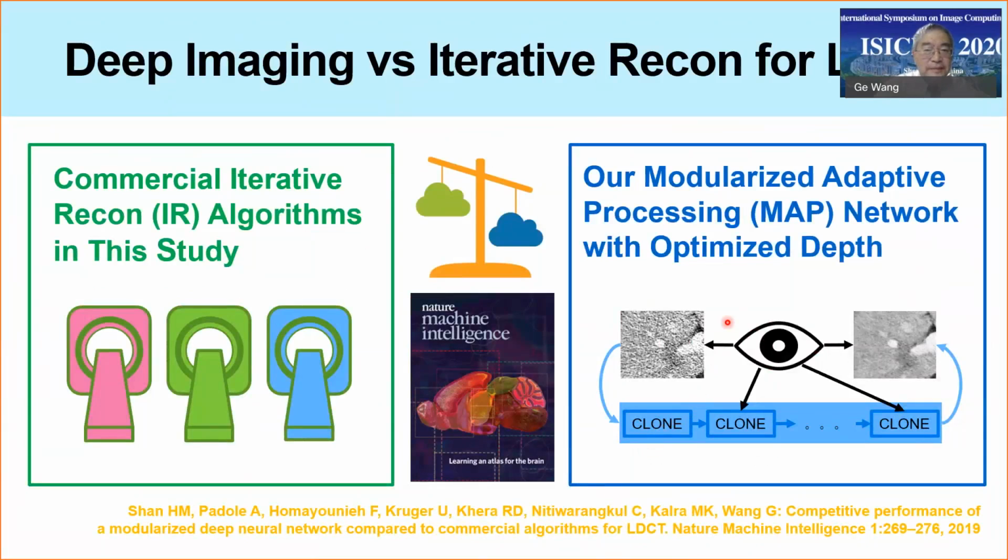We compare deep learning results with commercial iterative reconstruction from major vendors. A double-blind study shows the deep learning method could be comparable or superior to commercial iterative denoising reconstruction.